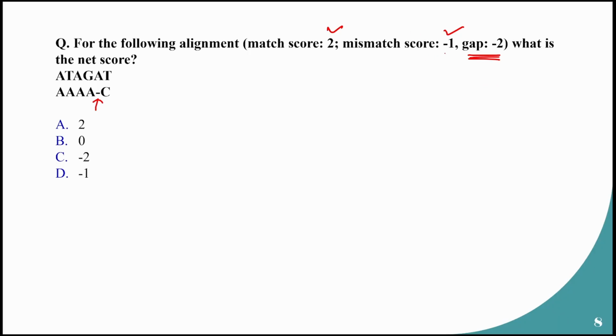For example, in this example scoring, the mismatch score is given as -1, whereas the gap score is given as -2. So why is that? Nature doesn't prefer gaps. They prefer mutations, point mutations, but not gaps. Yes, exactly.